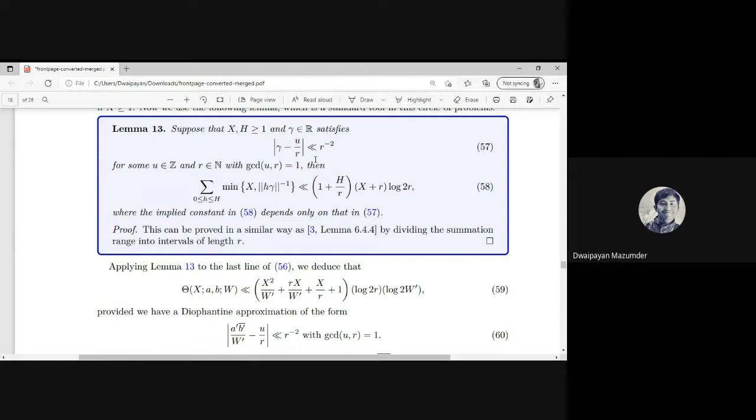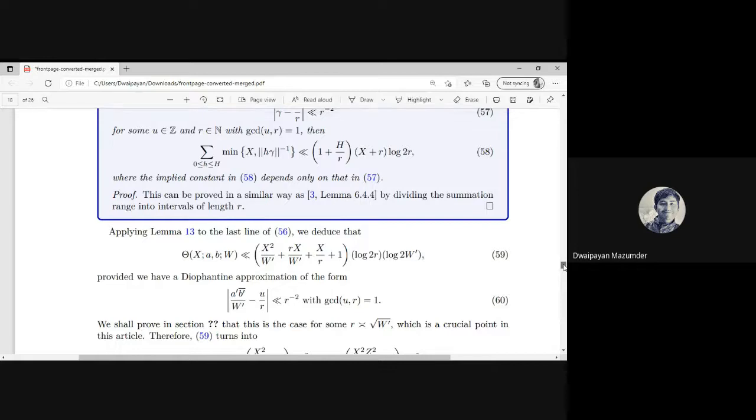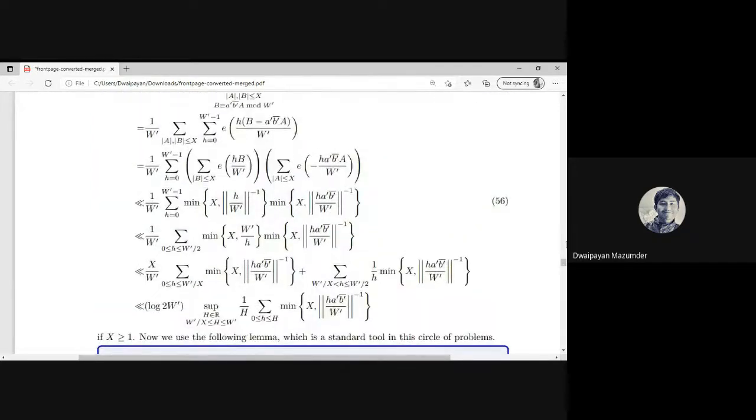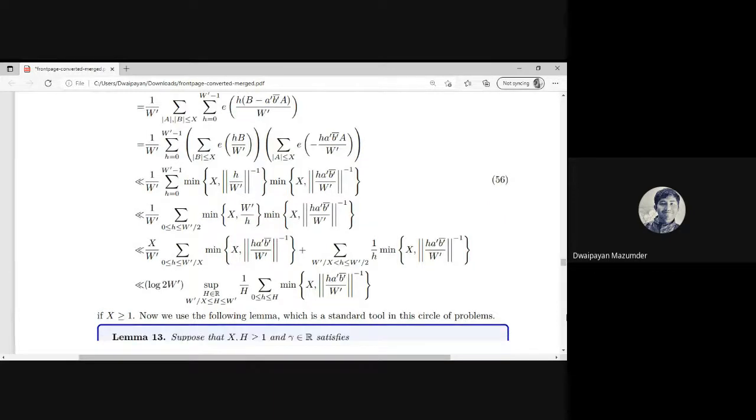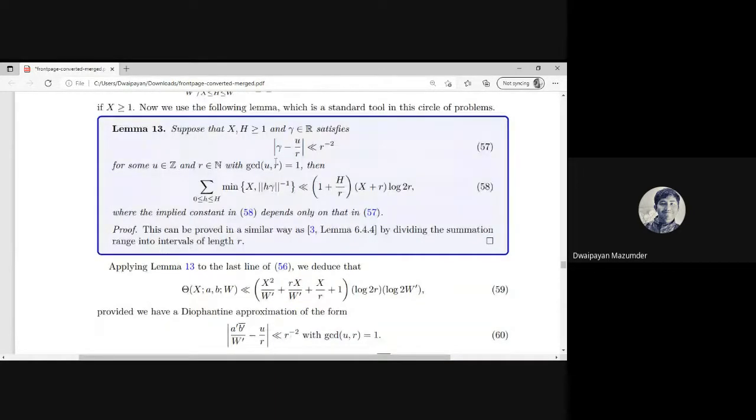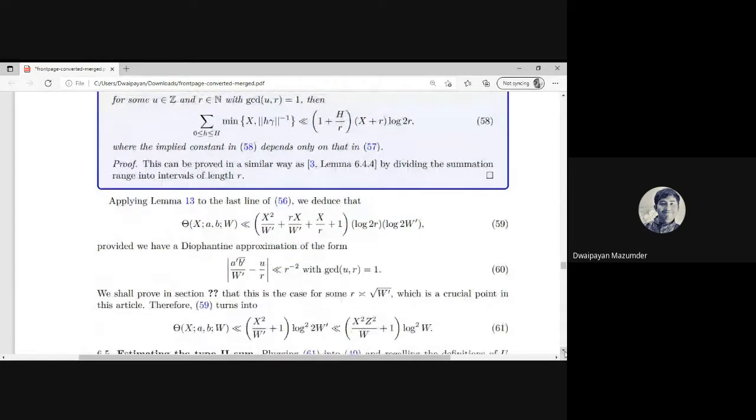We will use a Bullish paper to say that these congruence relations, meaning this gamma, this a prime b prime bar by w prime, indeed satisfy some kind of these relations. Moreover, your w prime is in the range of r. I mean this r is basically not w prime. In other words, you can say r is in the range of square root of w prime.